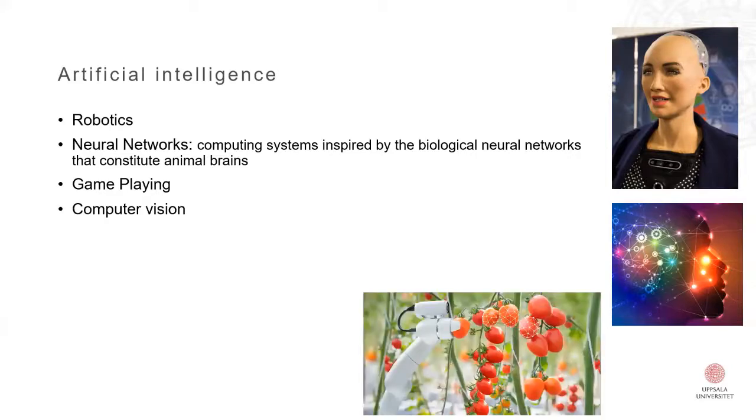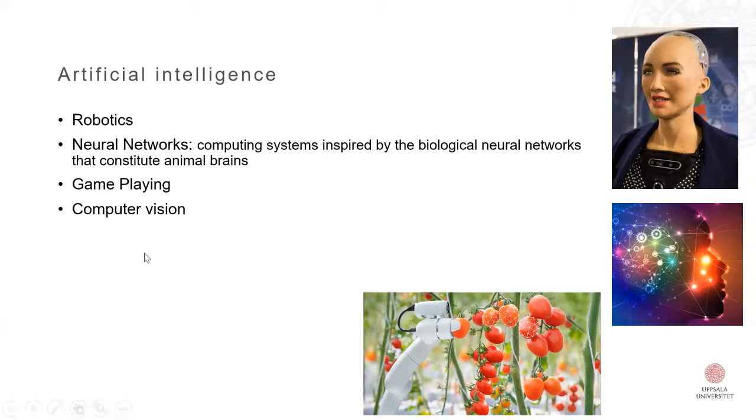We can have computer vision, meaning that computers can have sensors and they can see things and process what they have seen and do certain things based on what they have seen.